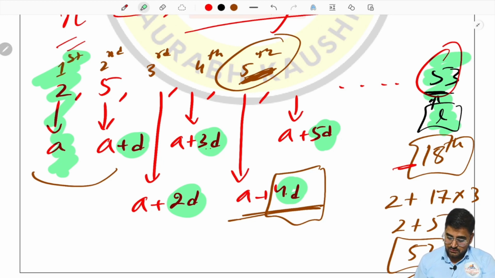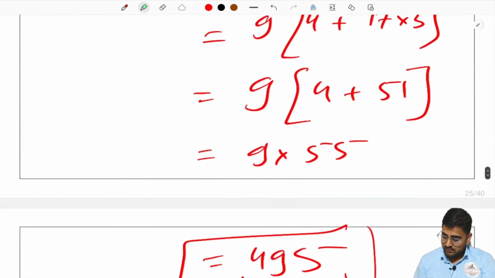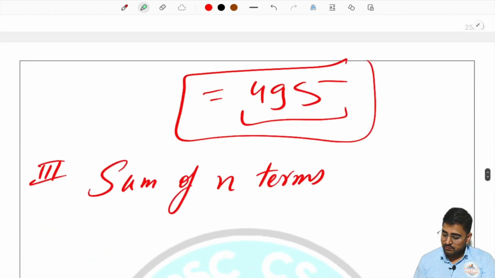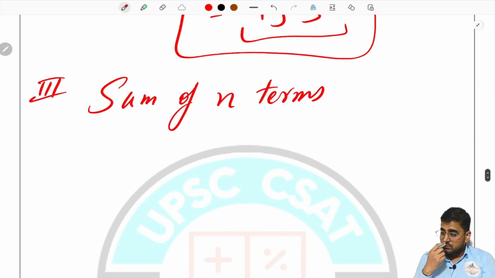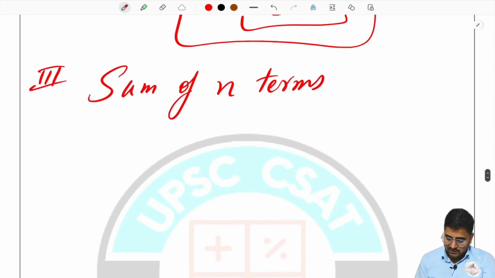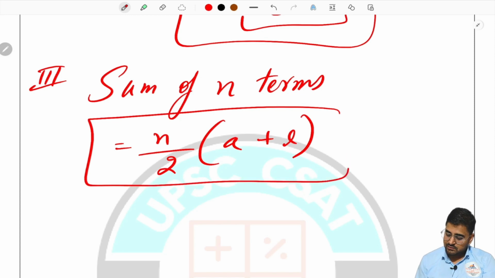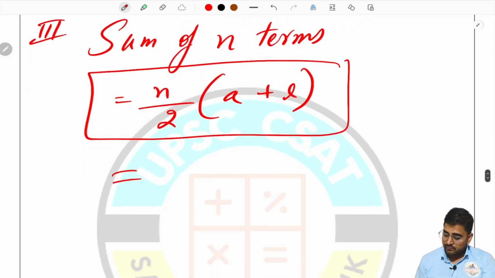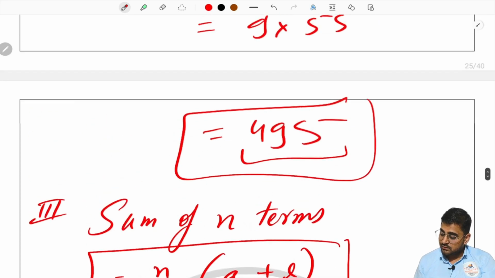You are given the total number of terms, because the examiner will give you three things, otherwise it will not be solvable. So in this case, the sum of the n terms is equal to n by 2 into a plus the last term. That is it, a simple thing, no difference, nothing. How many terms are there? 18 terms. The first term is 2, and what was the last term?